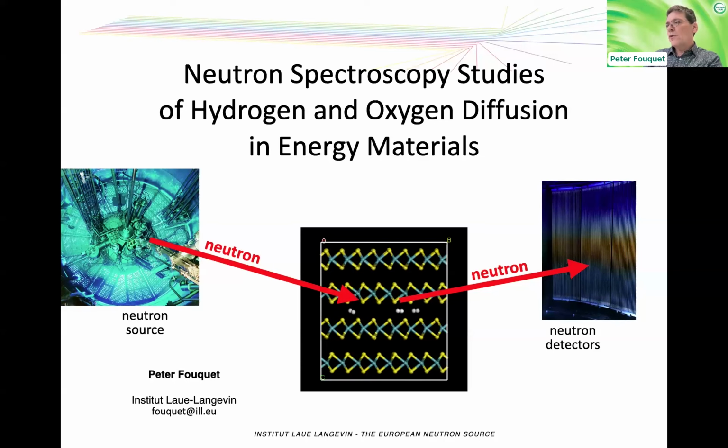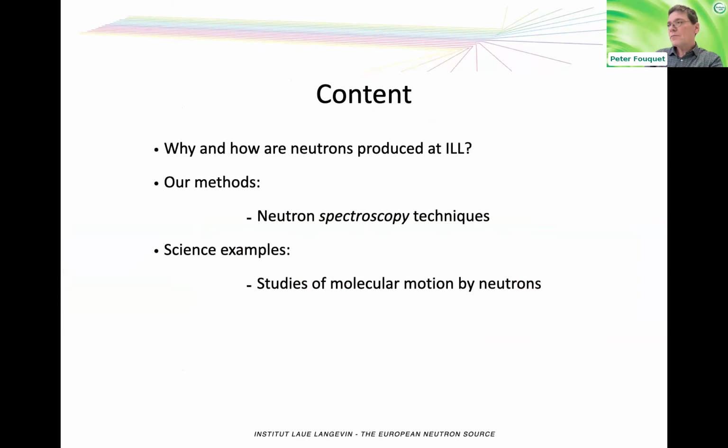So I wanted to focus today on an overview of what you can do with neutron spectroscopy. And I will have some quite specific examples that also show how you can link the neutron spectroscopy with the knowledge you gain from other techniques.